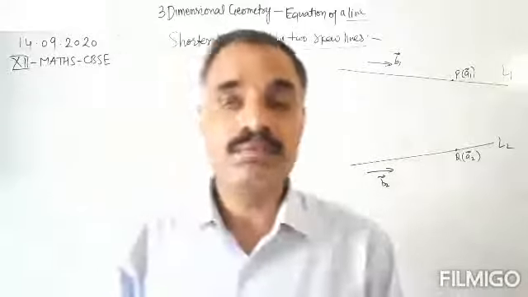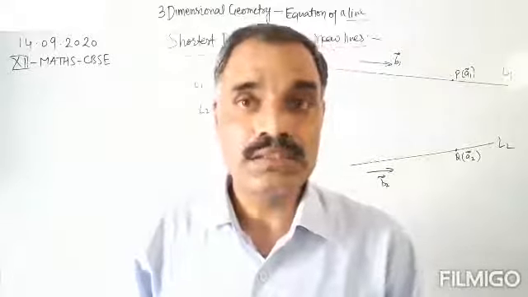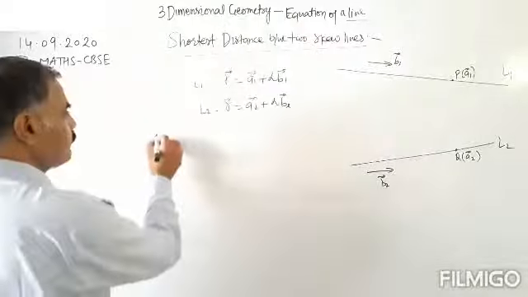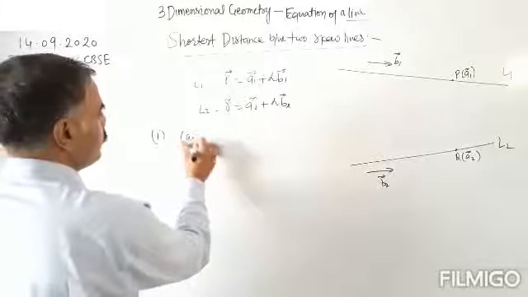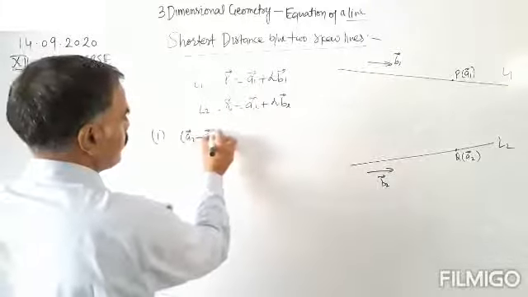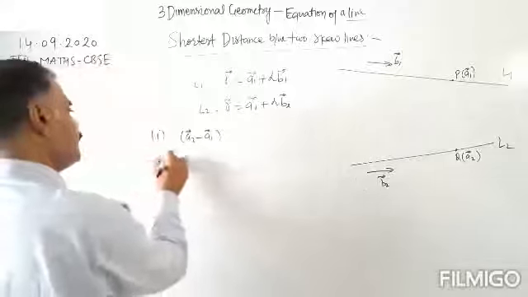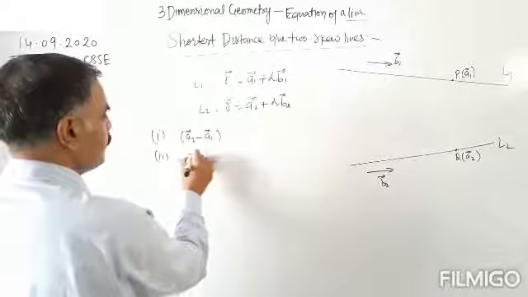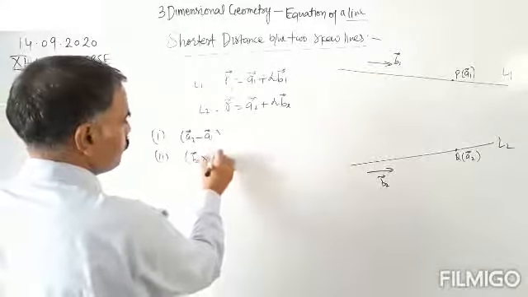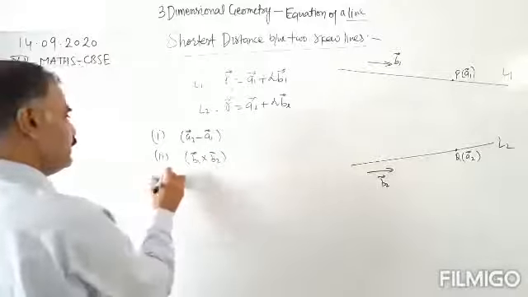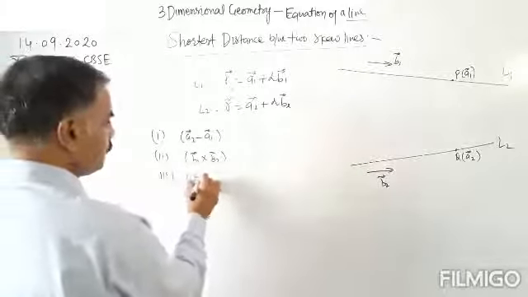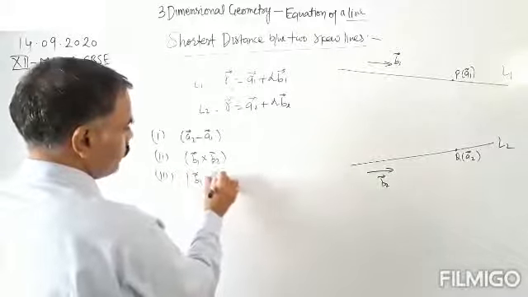What is the algorithm to find the shortest distance between two lines? First find a2 vector minus a1 vector. Second, find b1 vector cross b2 vector. Third, find the magnitude of b1 vector cross b2 vector.